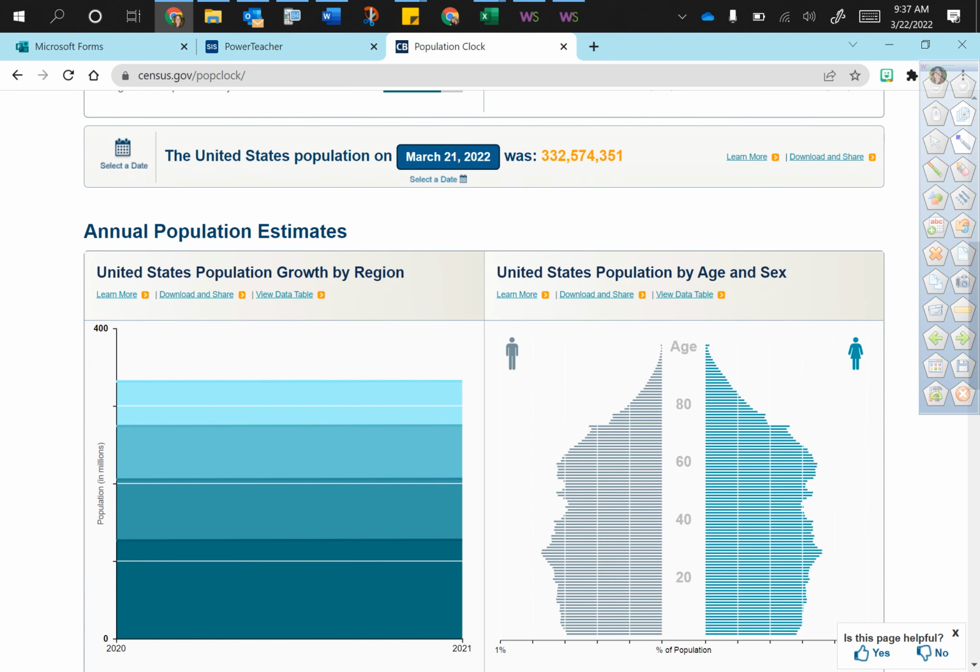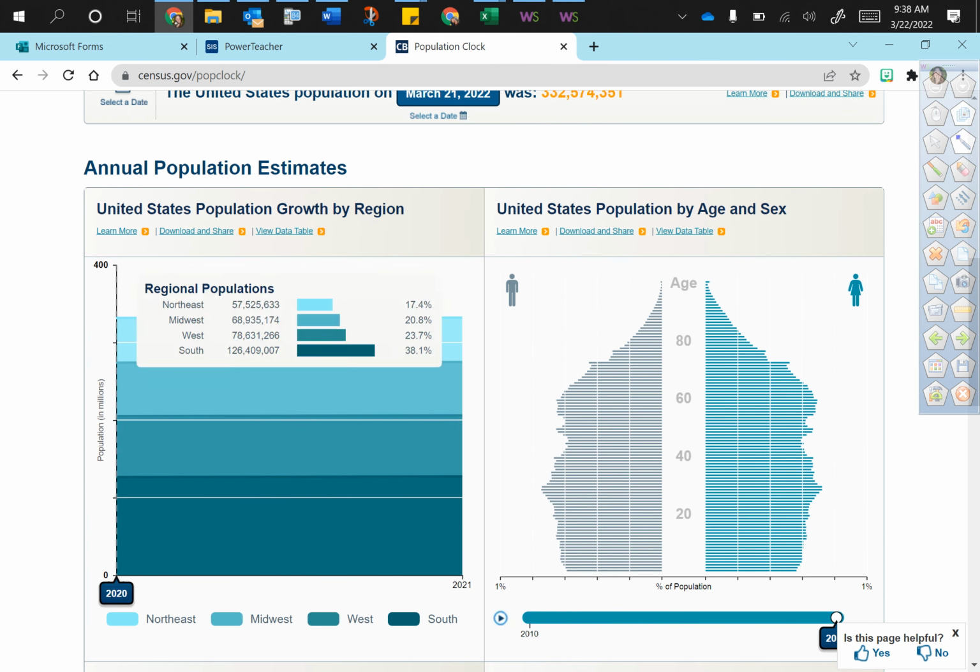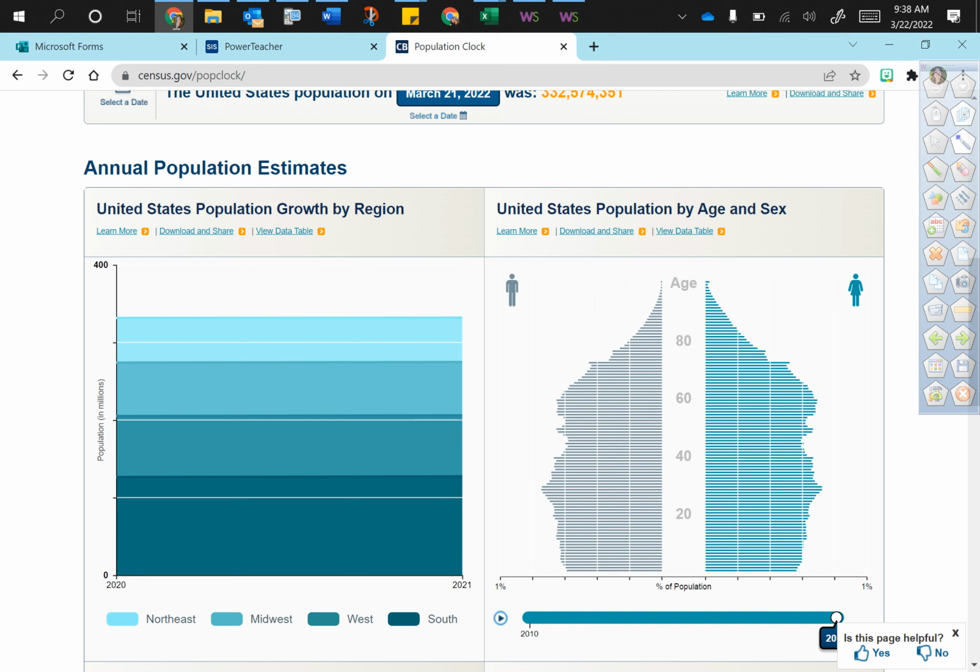It also can measure growth by region, and this is really cool. United States population by age and sex. This is really neat. So if we talk about just 80-year-olds, 0.2% of our population is 80-year-old men, and 0.25% of our population is 80-year-old women.